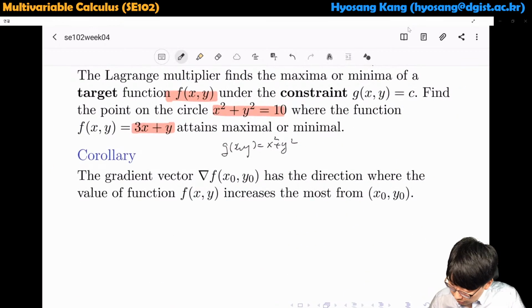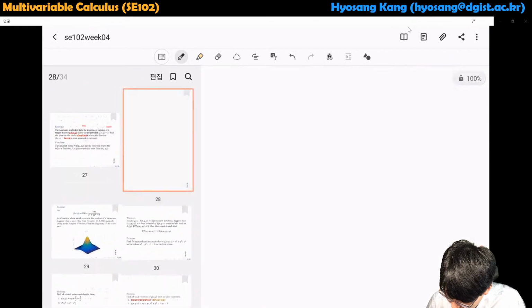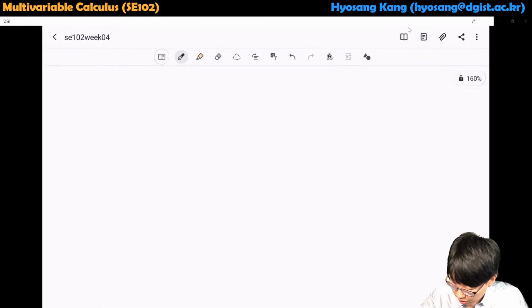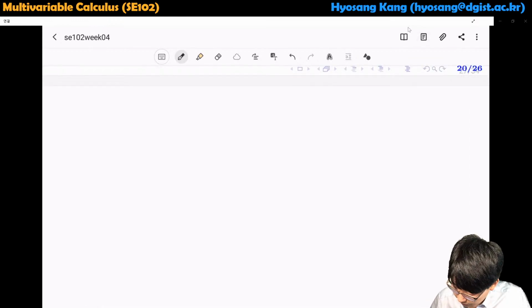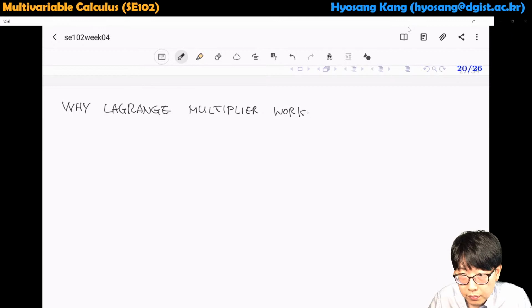So here, let's try to explain why the Lagrange multiplier works.